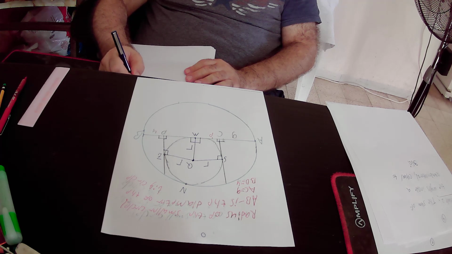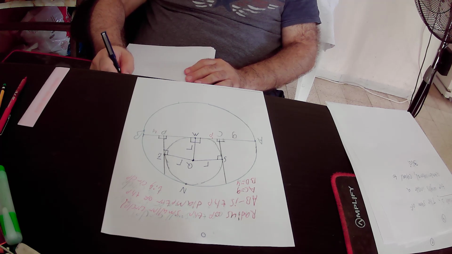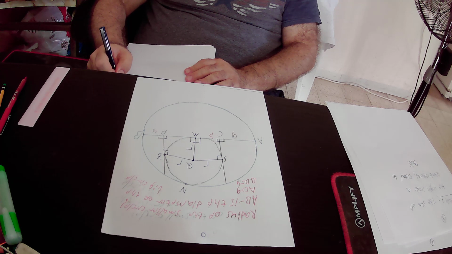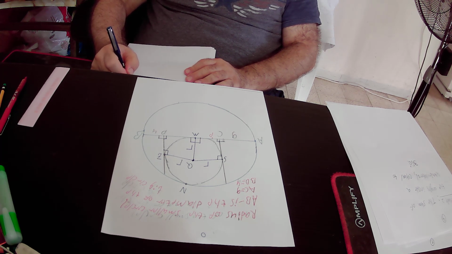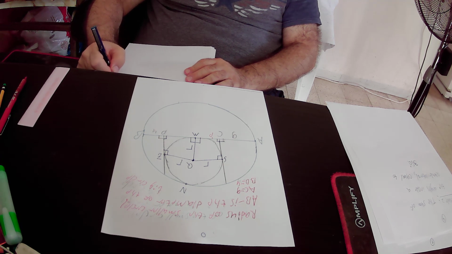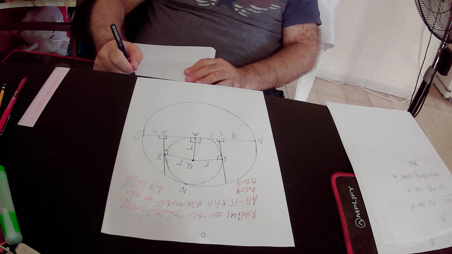Y is the size of the fourth angle in quadrilateral QZMD.